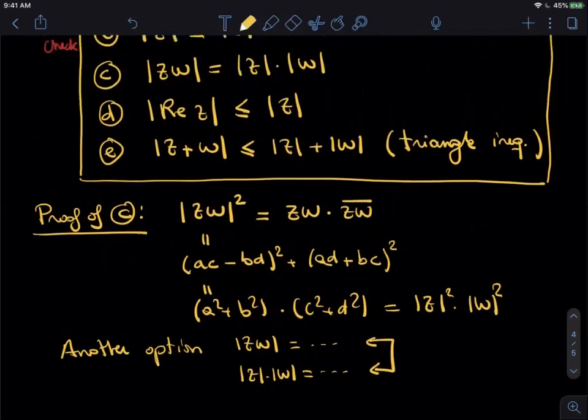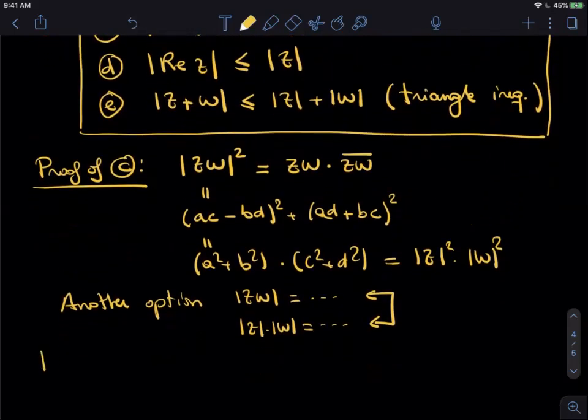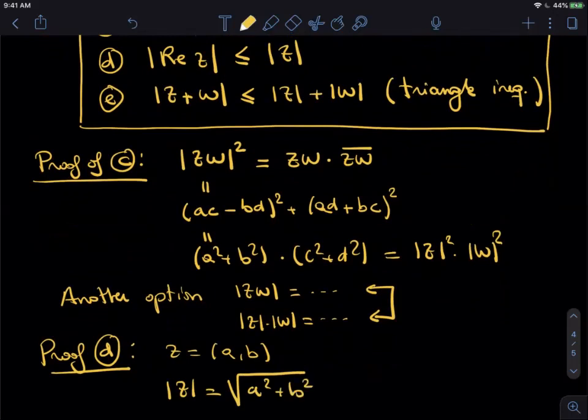Now let's do letter D. This one actually is pretty cool. So if we have Z that is A plus Bi, the absolute value is the square root of A squared plus B squared.